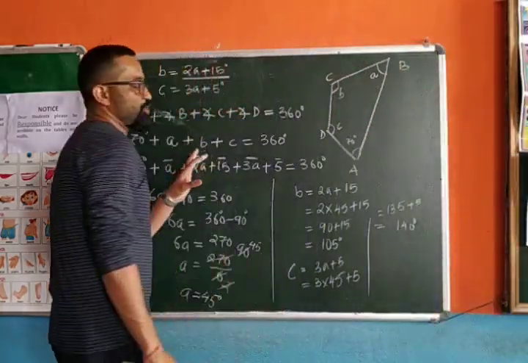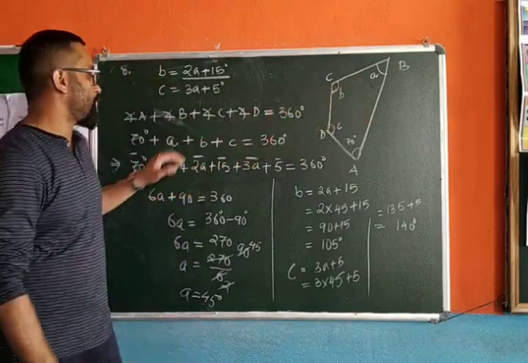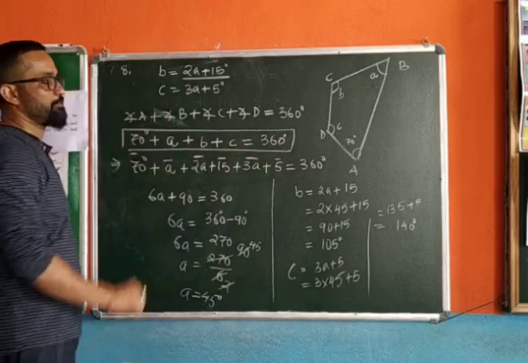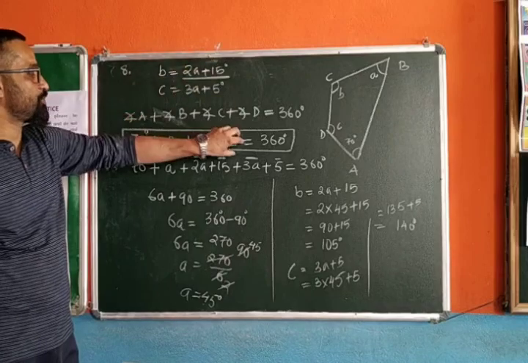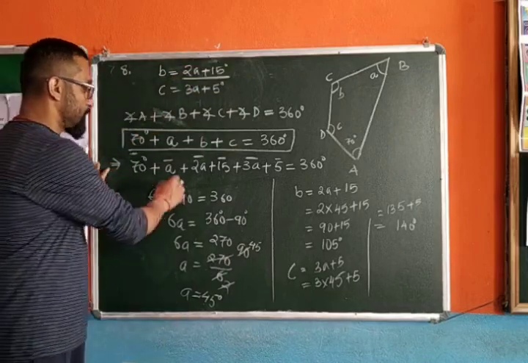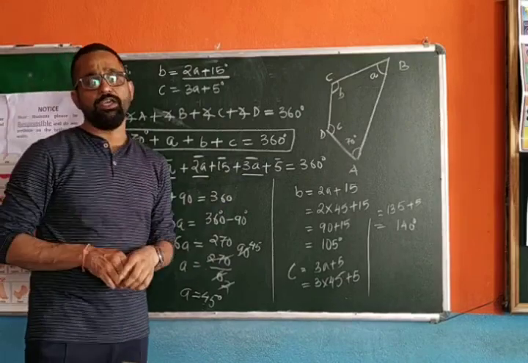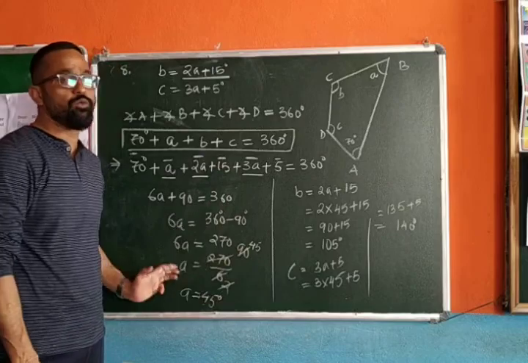So again, this question is diagram based. You cannot calculate with 3 unknown variables. So what do we do? We replace B by the given value, C by the given value, such that we get only one variable, and one variable can be easily calculated.